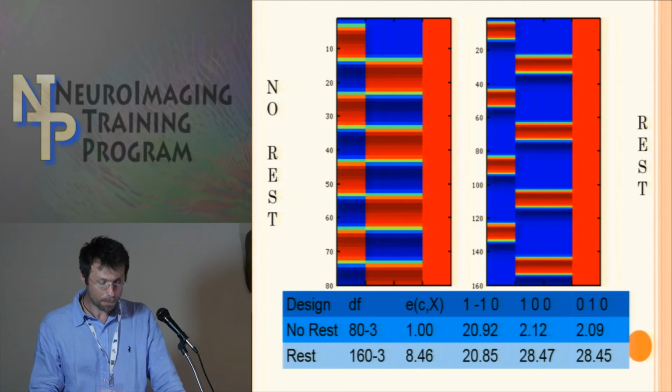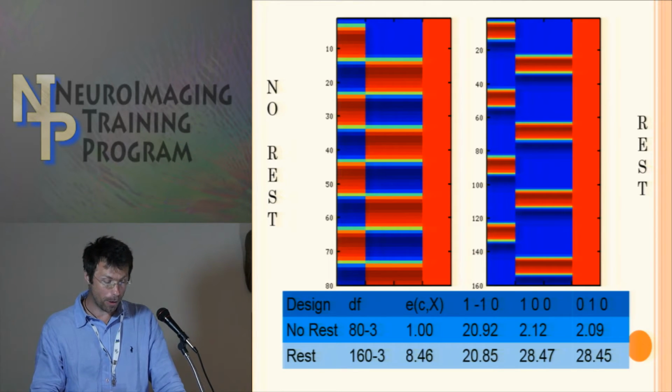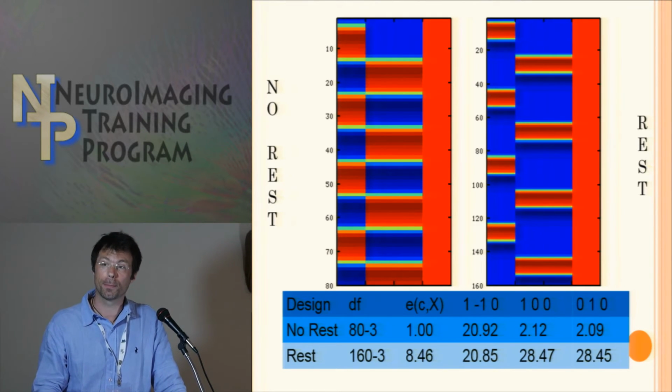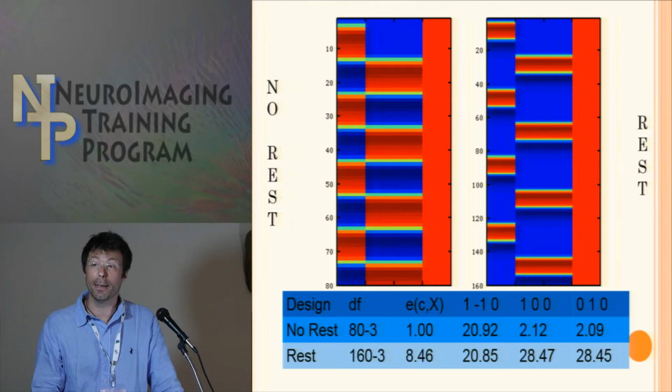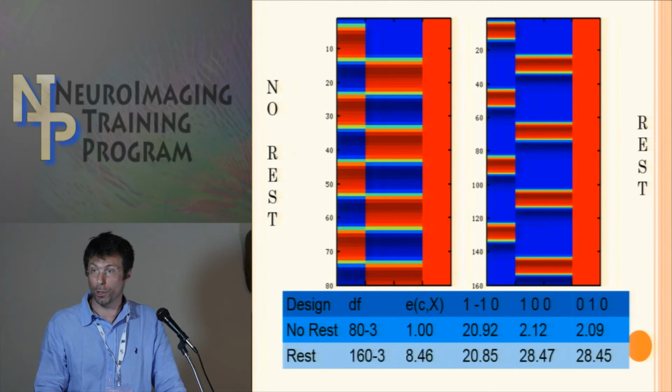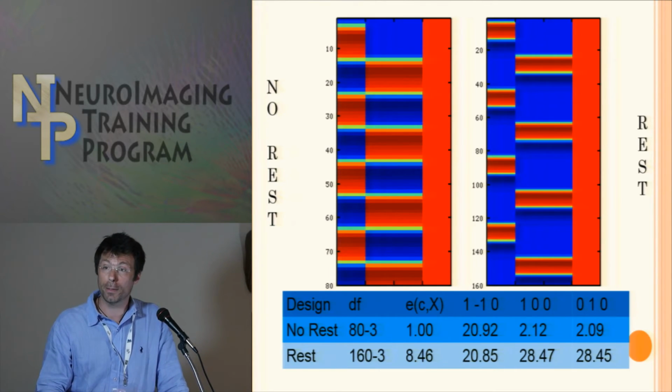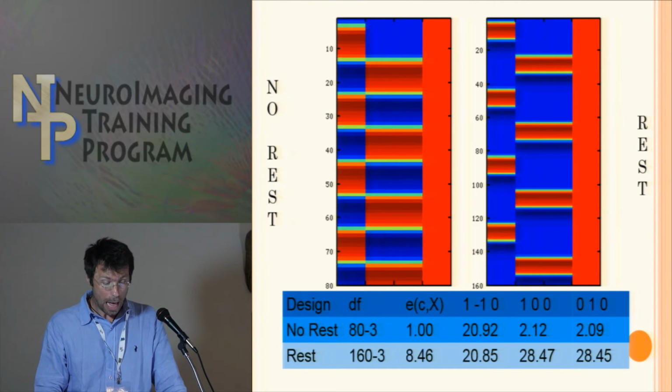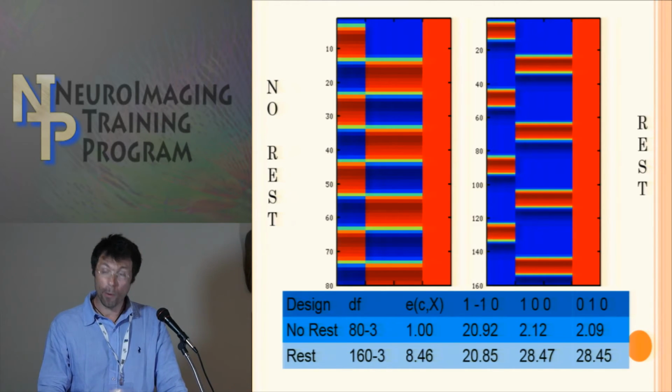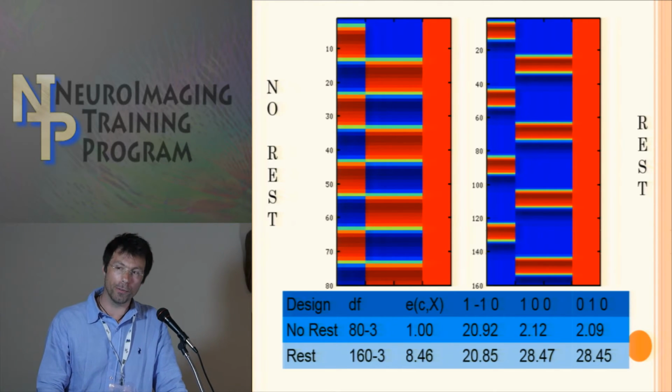The last example, yes. So if you still keep 160 degrees of freedom, would your overall efficiency improve or no? Again, this is a first level. My degrees of freedom are not about the estimation, but are about the inference.